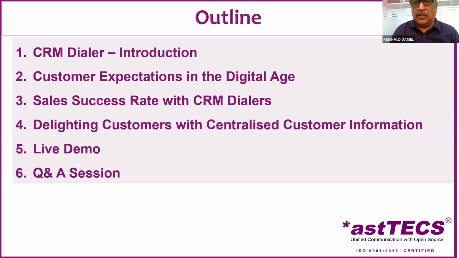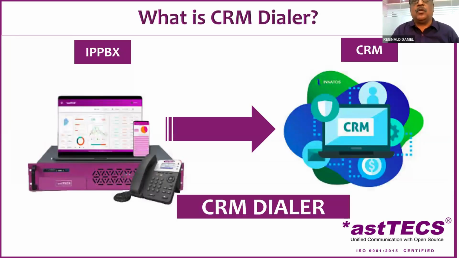So here we go. We'll start off with what is a CRM Dialer? It's very simple. If you already have an astTECS IPPBX, all you need to do is plug a CRM into the IPPBX and it becomes a CRM Dialer.